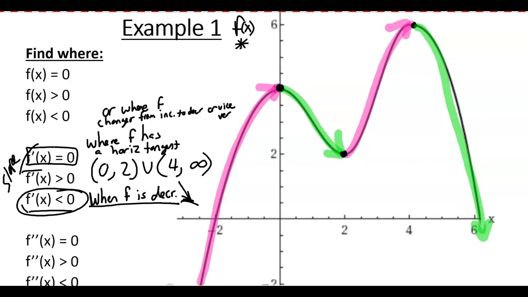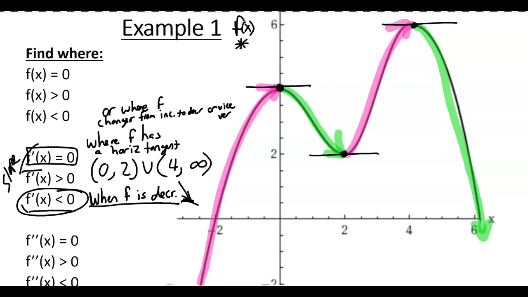If you're changing from positive to negative, the only thing that must be in between those would be 0. So right here is where you would have a horizontal tangent line, and right here is where you would have a horizontal tangent line, and the last one is up here, the last place where we're switching from pink to green, which would also be a horizontal tangent line. Okay, so there you have it. So now those are not intervals, those are points.